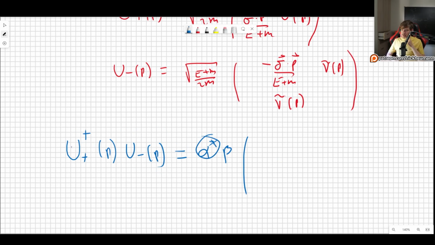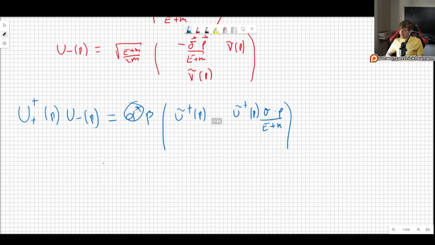And now let's write down u plus Hermitian, which is u tilde Hermitian of p, u tilde Hermitian of p times sigma dot p over E plus m. And then we multiply this by minus sigma dot p v tilde of p divided by E plus m, v tilde of p.